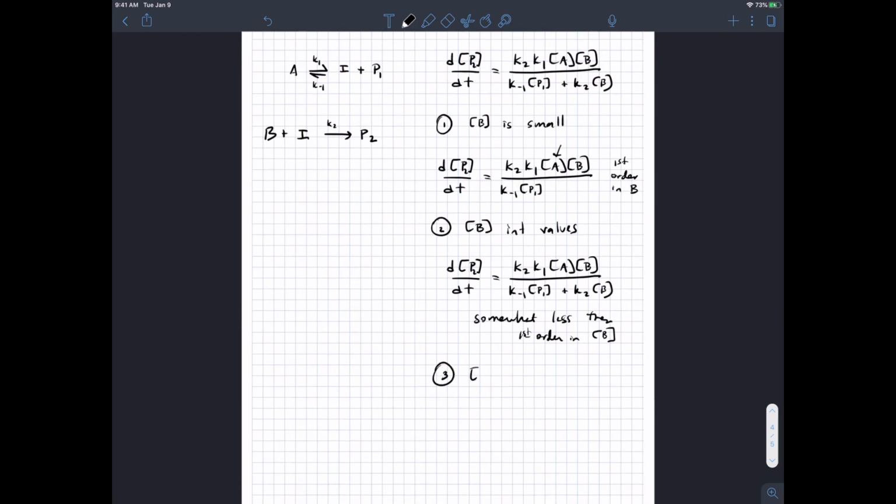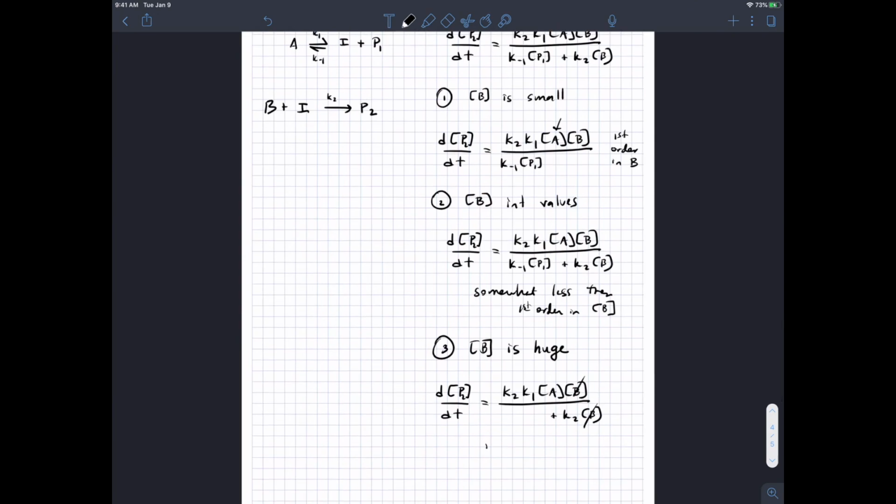And then finally, when the B concentration is huge, then your expression for the rate law gets rid of that, and actually the impact of B cancels out entirely. So when B is huge, now the rate is independent of B.